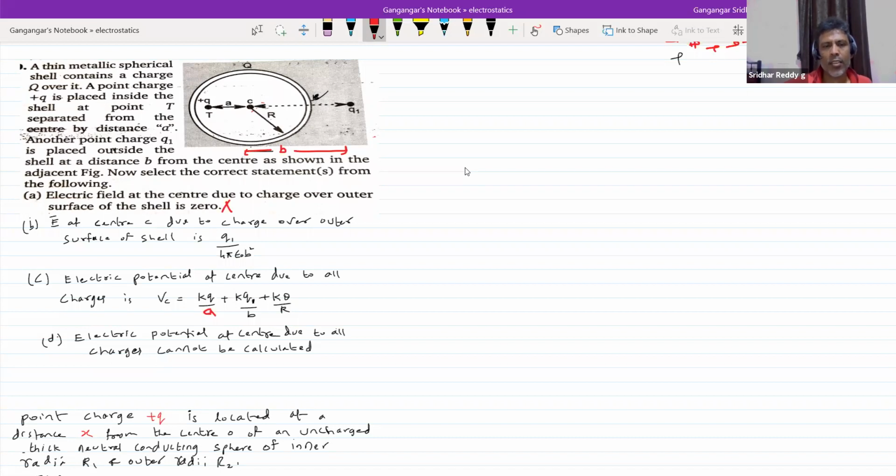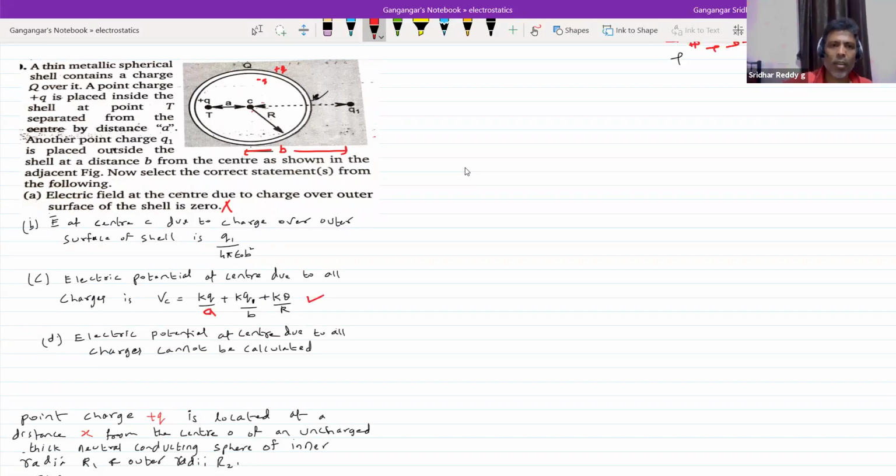Due to this charge, how much? KQ by A, due to point charge plus q. It will induce charge minus q on the inner surface and plus q on the outer. But the resultant of this at center C will be 0 only. So due to the outermost charge KQ by R, then due to this point charge KQ by B. So shall I pick up this option?